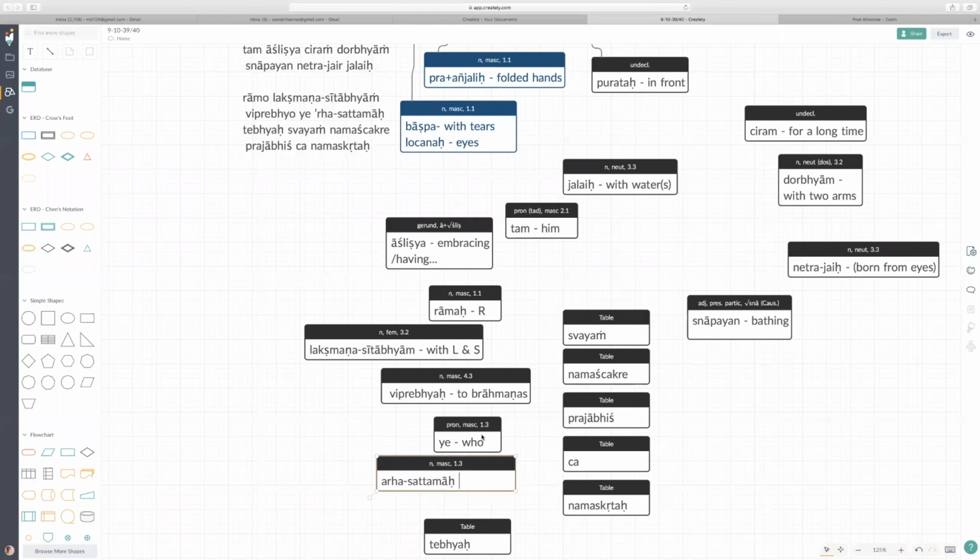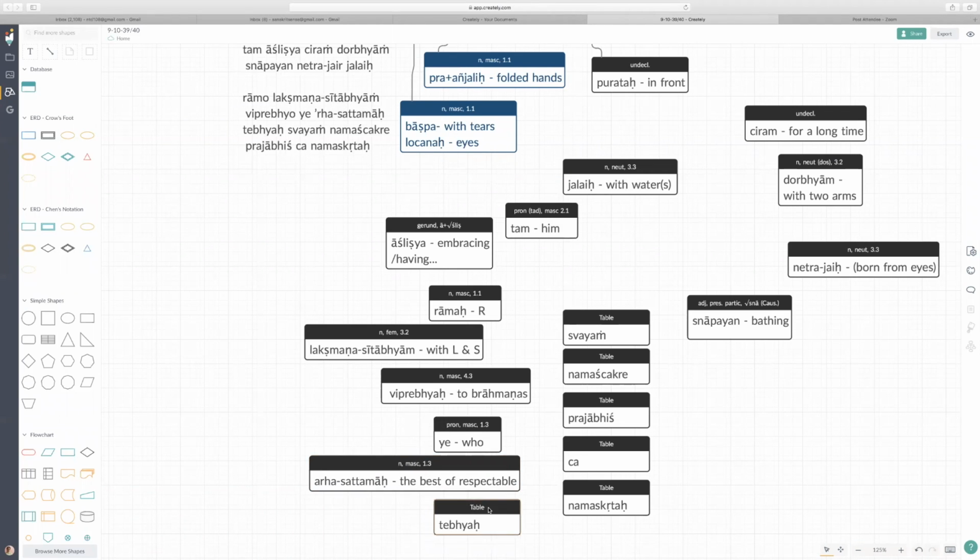So let's say the most respectable of the respectable, or the best of the respectable. And we are talking about a whole group of people in plural. The best of the respectable. Okay.